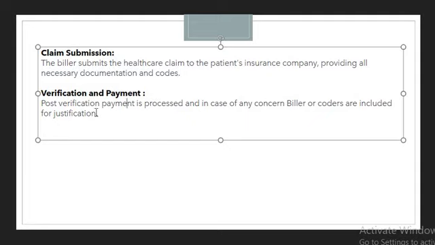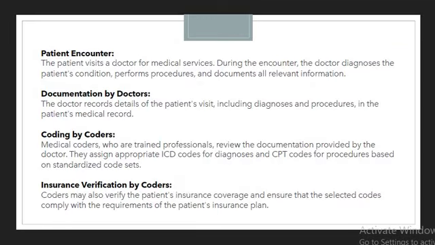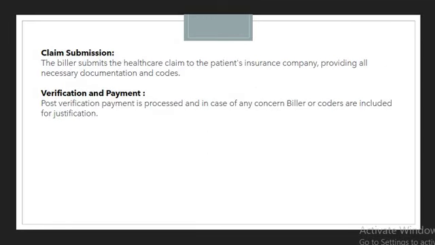During this process, after verification, payment is processed, and in case of any concern, the biller or coders are included for justification, as I discussed. We already discussed that if required they can reach out to either the biller or the coder in order to get some justification.